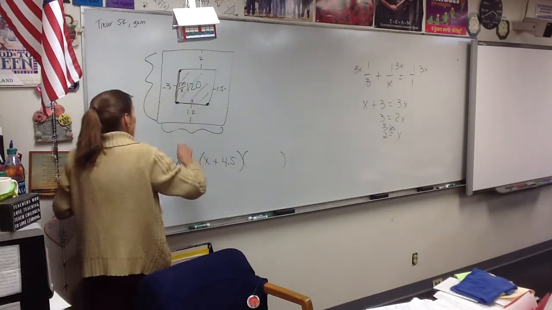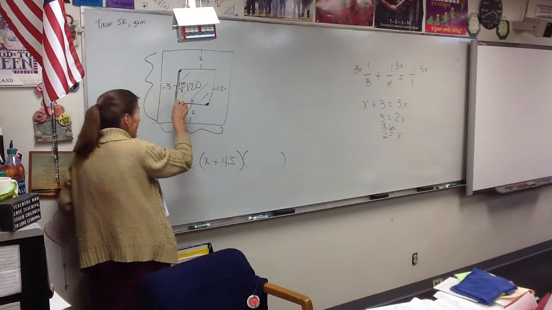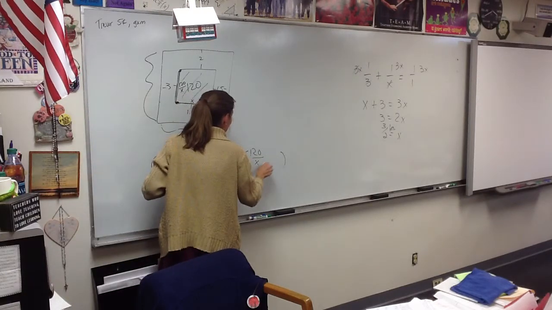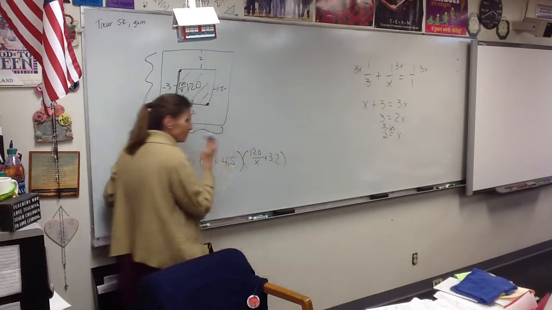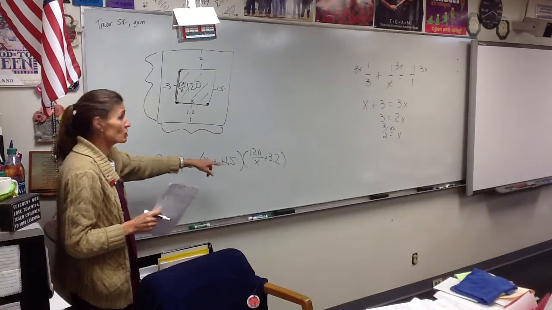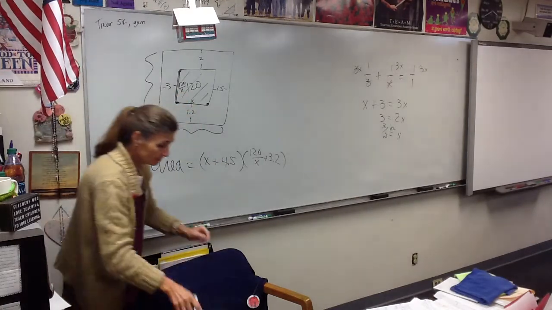What's the length of the paper? 2 plus 120 over x plus 1.2, so 120 over x plus 3.2. Those are my dimensions by defining this as x, and that's 120 over x.